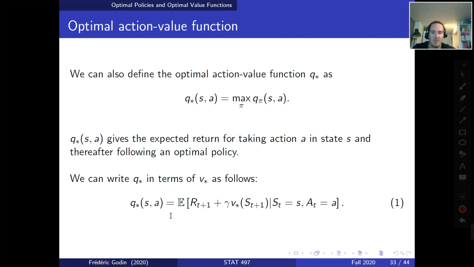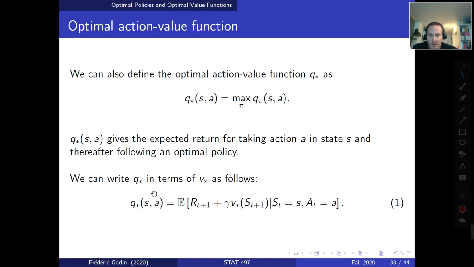Forget about what I just said. Because here you specify that you take action A, you don't need to specify a policy. So Q star of S, A is the expectation, given you take action A in state S, of the next reward plus gamma times the optimal value function of the next state.